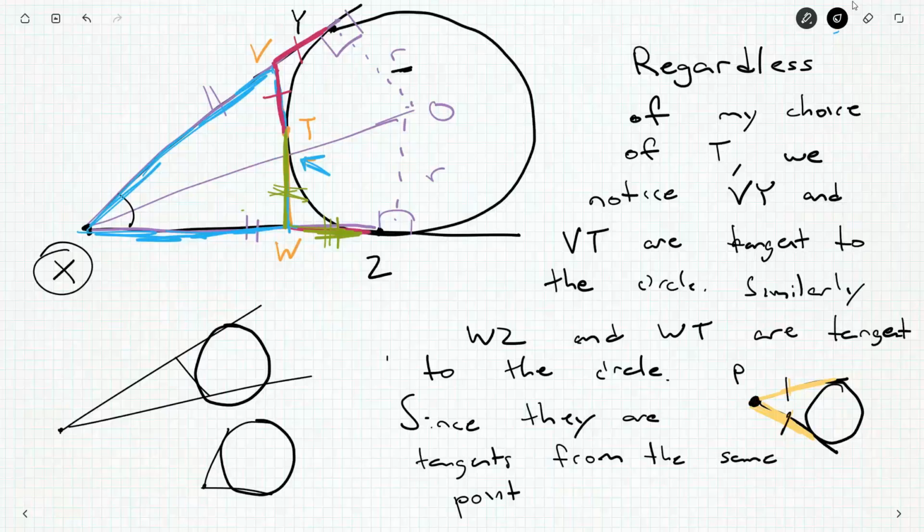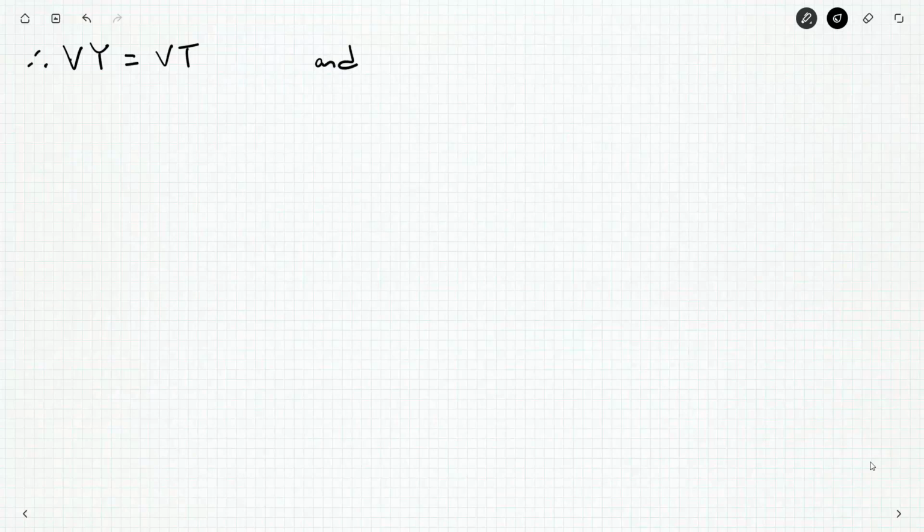And we did just talk about how to prove that. Since they are tangents from the same point, they are equal. So we'll flip the page, and that means that Vy equals Vt. Therefore, Vy equals Vt, and Wz equals Wt.